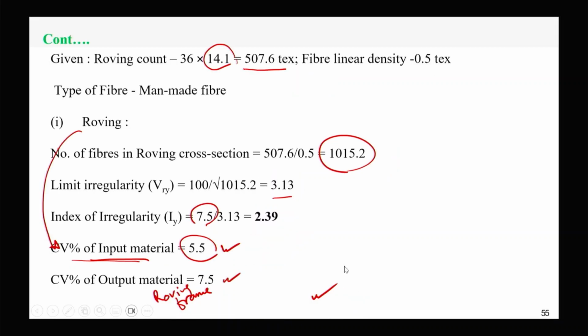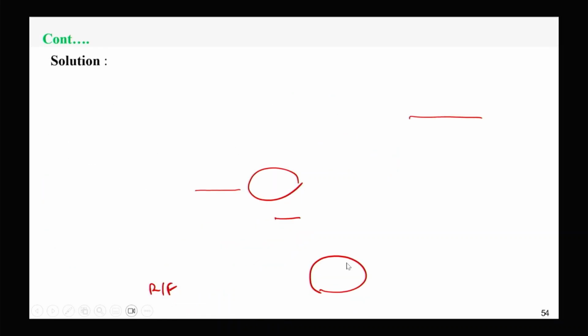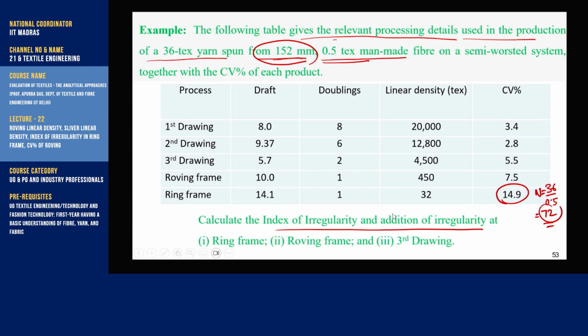So we can see from the table. So third draw frame output is 5.5 and input is 2.8. So here number of doubling was 2.